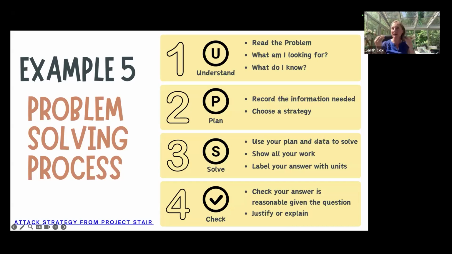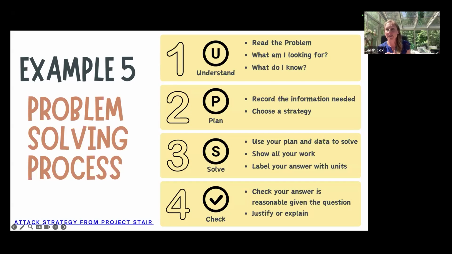And there are graphic organizers out there. I've linked several of them both in the Google document and here in these slides that help with the writing process. I didn't really focus on that today because that's kind of a whole other beast, if you will, but there are plenty of graphic organizers that can help with the justification or explanation.